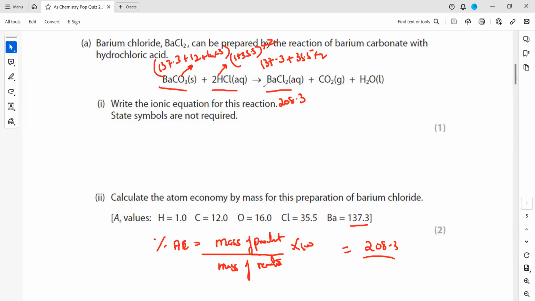So when we sum the total mass of the reactants or products, it will be 207, and that should be multiplied by 100. So we get about 77% atom economy. 77.1, you can also write your answer to 3 significant figures.